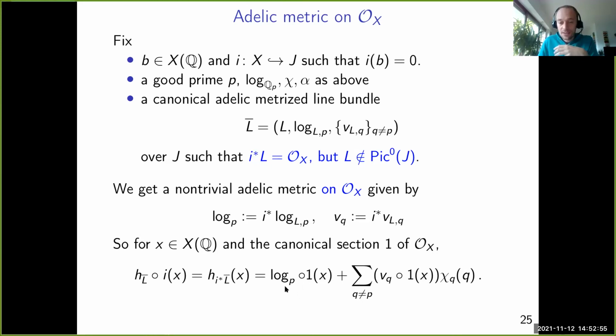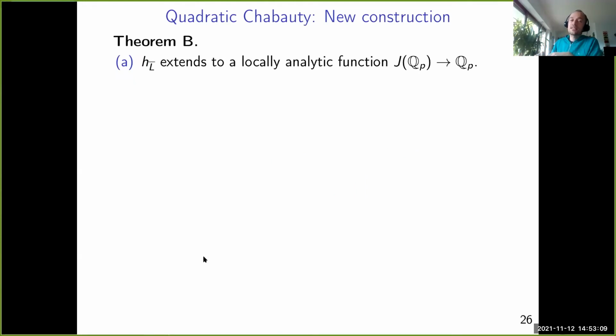This log P composed with 1 is already defined on p-adic points on X. So I want a locally analytic function on p-adic points. The left-hand side is only a priori well defined on global points, but it turns out that you can extend this left-hand side, so extend HL bar to a locally analytic function on QP points.